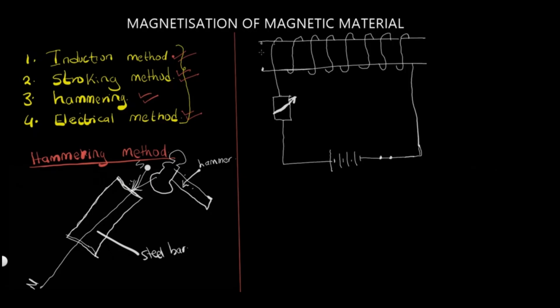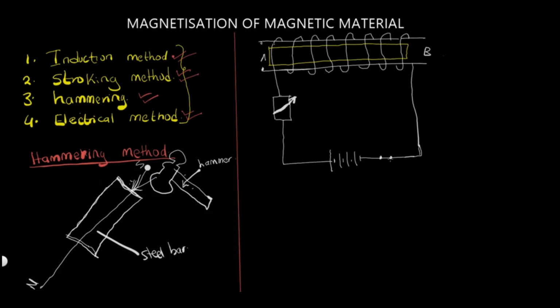Now let us call this part A, this part B. So what you can do is, let's say for example you have a steel bar. You need to enter your steel bar inside here, this part. So this is our steel bar, like this.